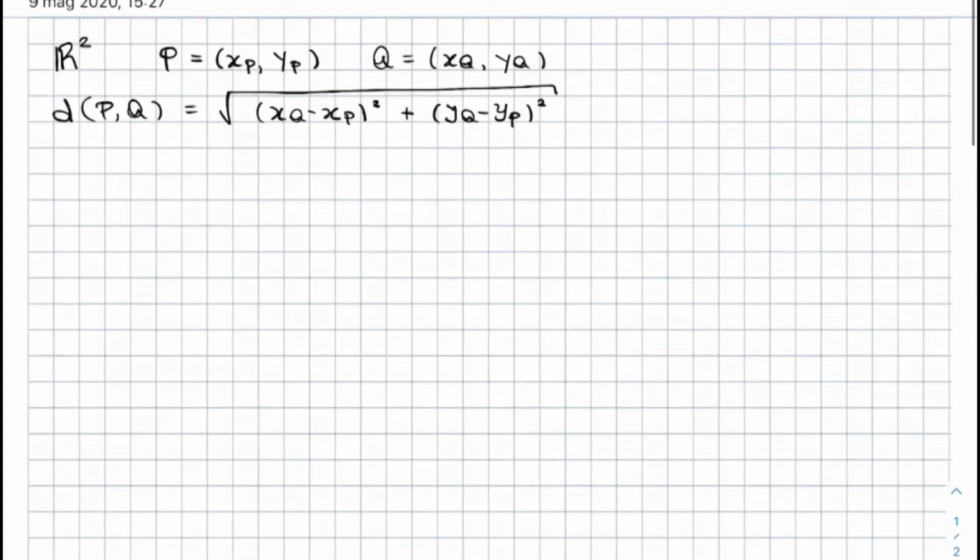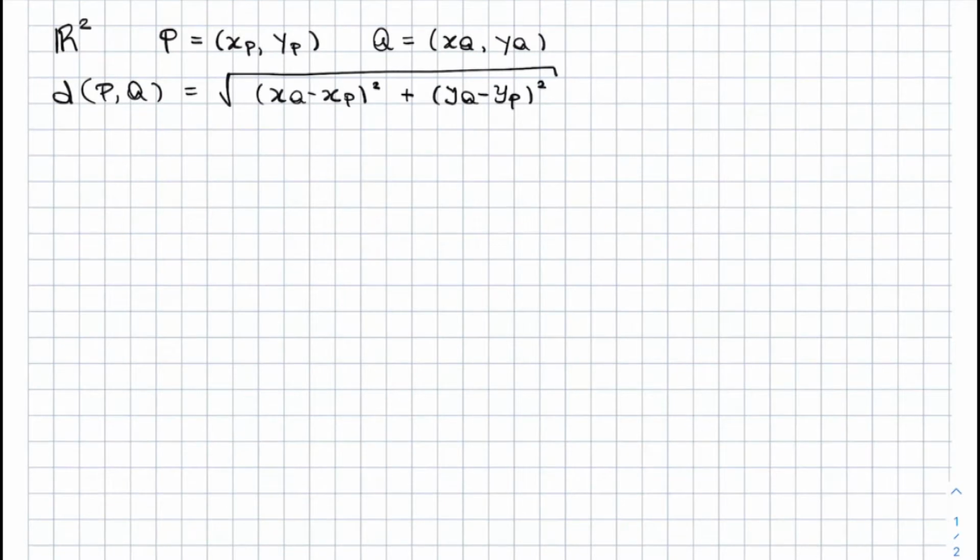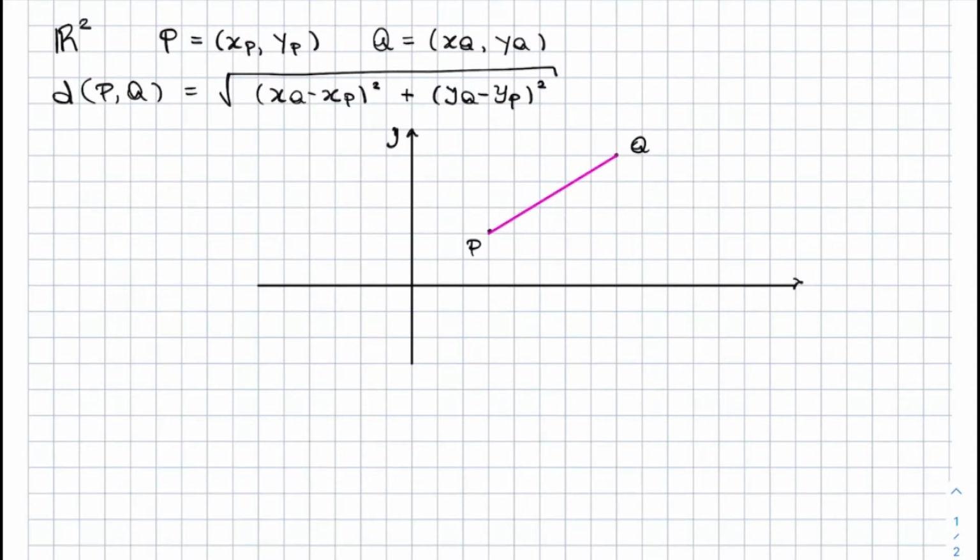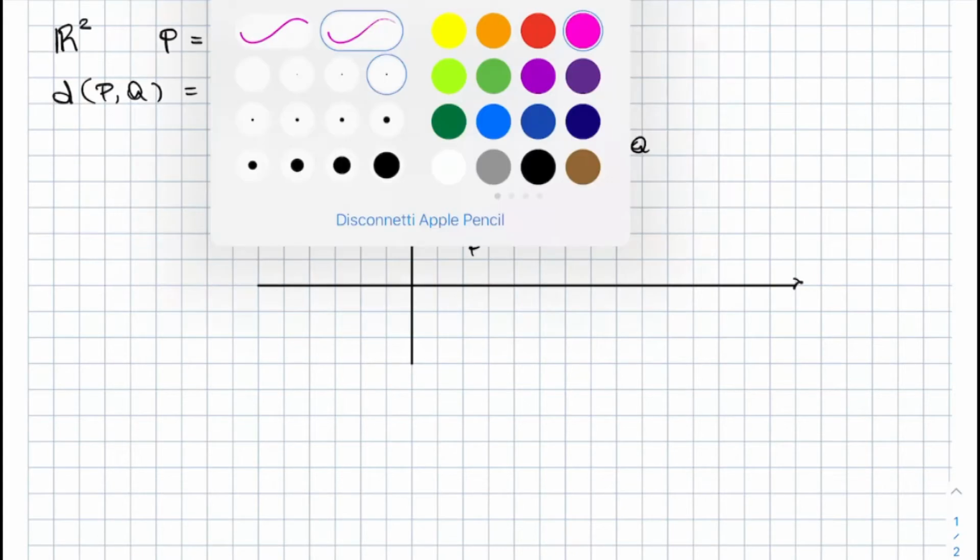And we remarked that essentially by definition the distance between P and Q, if we draw the picture in which we represent the y-axis and the x-axis and we take the points P and Q, represents exactly the length of the segment connecting them.